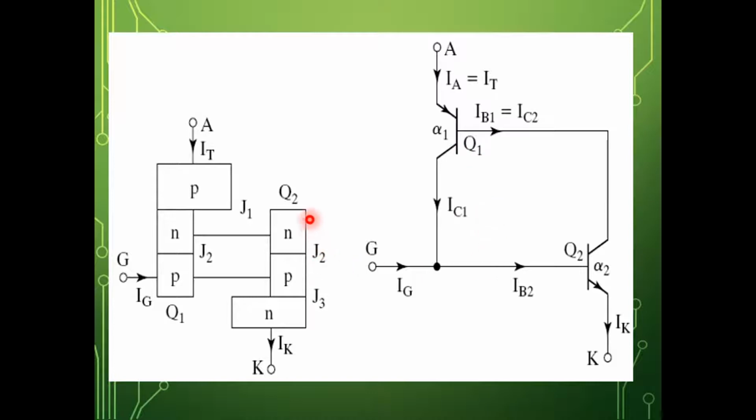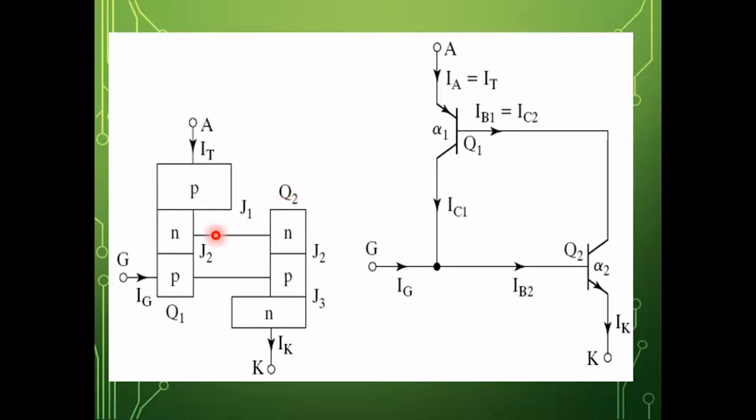Next we have the NPN transistor, the second transistor Q2. The current gain of the first transistor is denoted as alpha 1. The current gain of the second transistor is denoted as alpha 2. This is IA, or nothing but IT, you write it here.